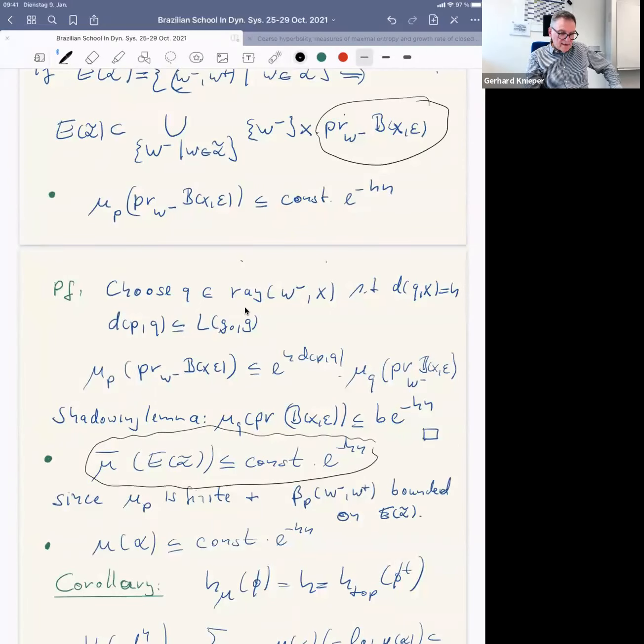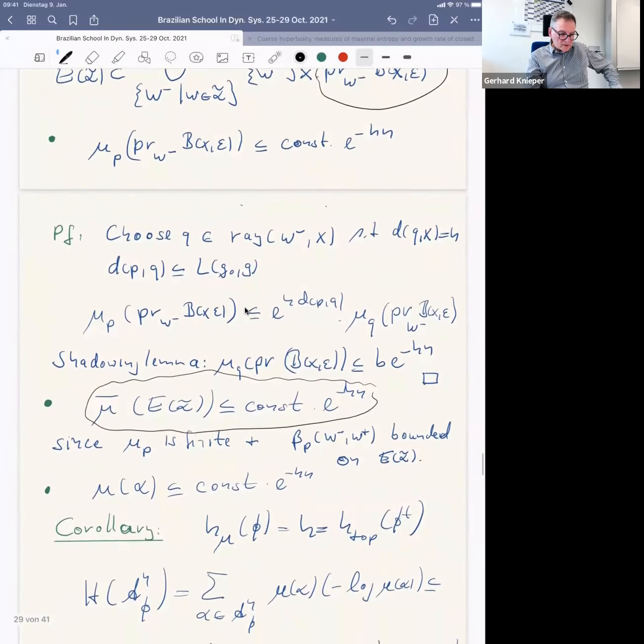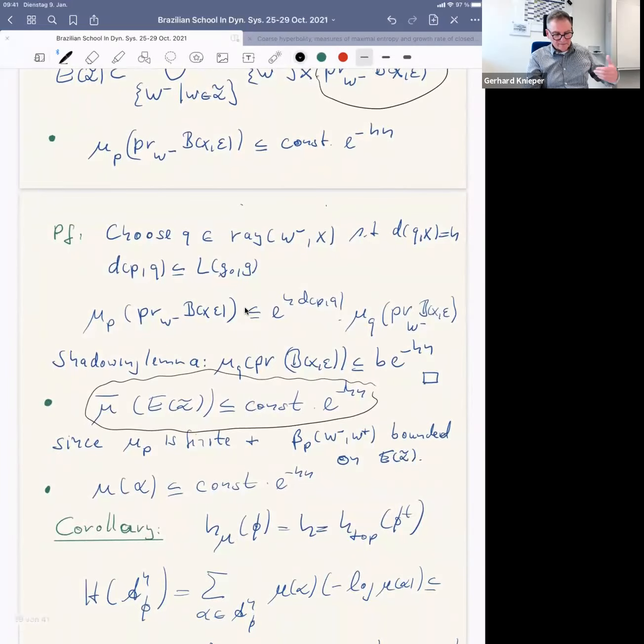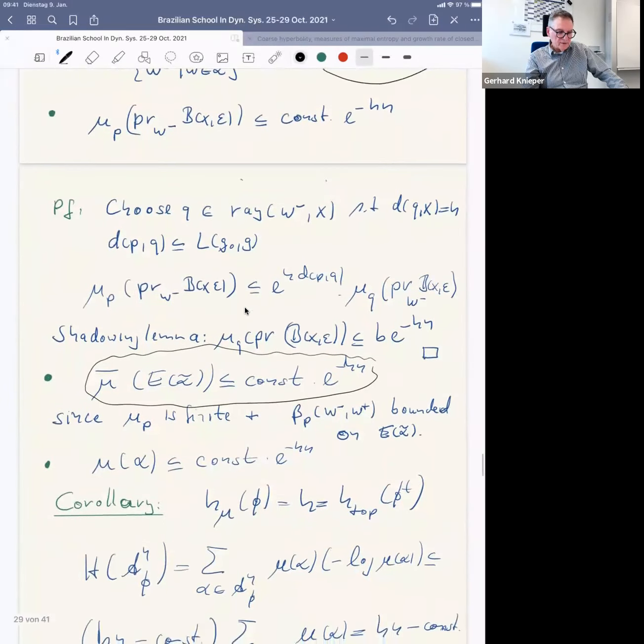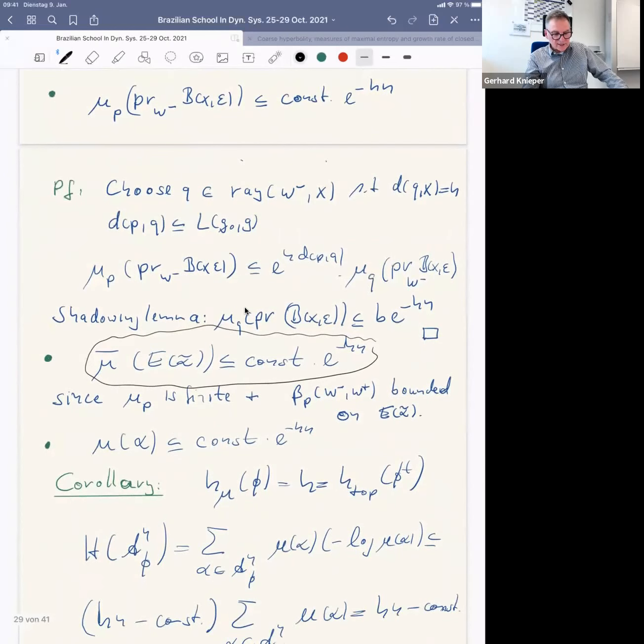This measure also involves a factor which comes from the Gromov product, but the Gromov product on the endpoints which we are considering is also bounded from above. So we have a universal bound for this Gromov product. It's not bounded in general, but if W minus and W plus are really not very close to each other, it stays bounded. And this is, of course, the case.